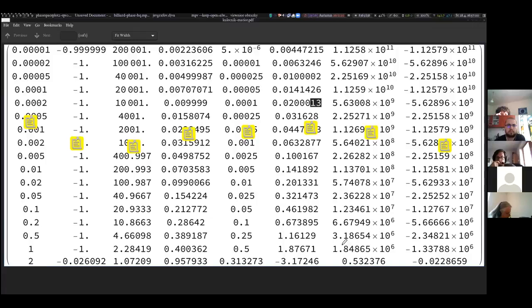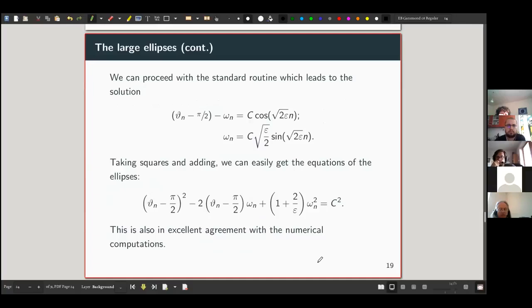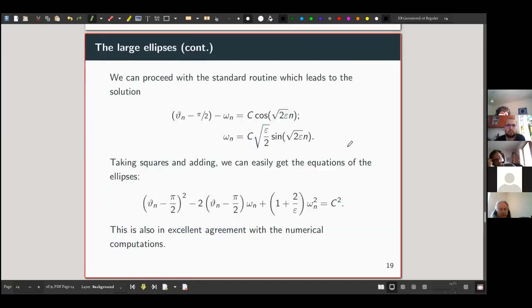So in fact, this is really a good result, which relates quite well to the numerical computations. And one full go around is completed in this many steps. And of course, we can also just carry on with the standard routine and get some real solution of the recurrence relation.